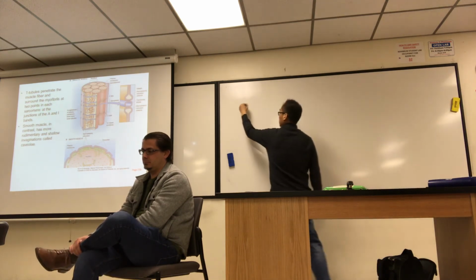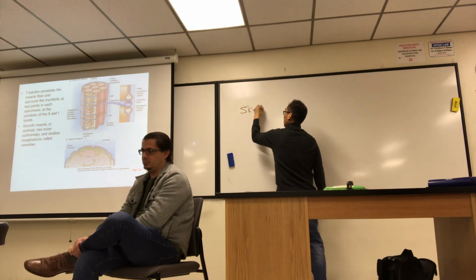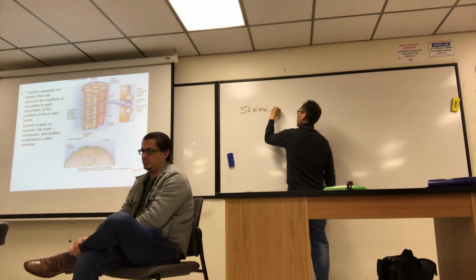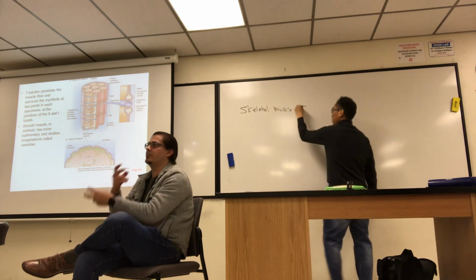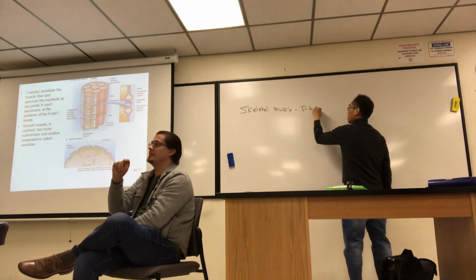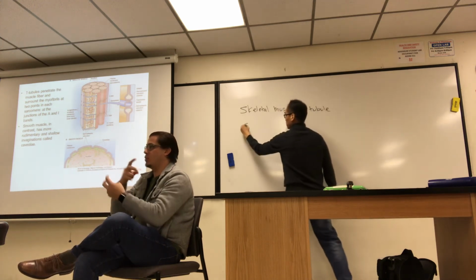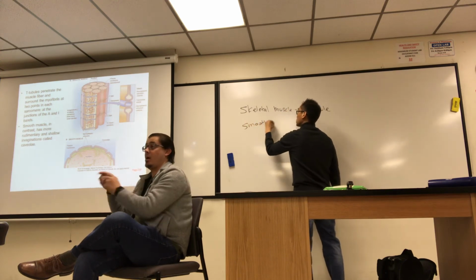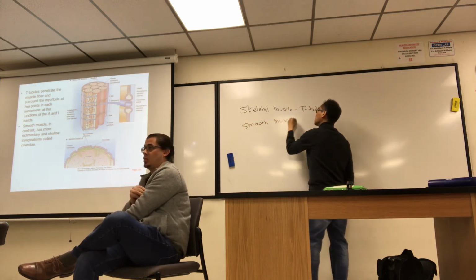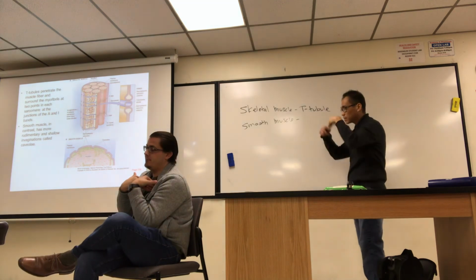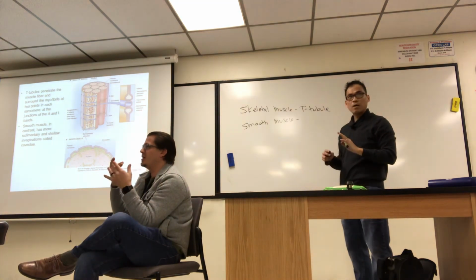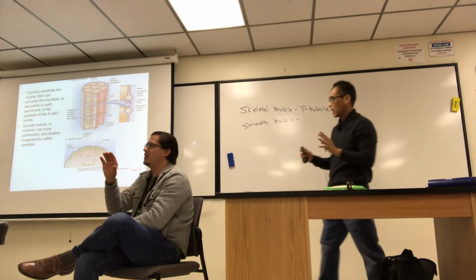So, skeletal muscle. They have the T-tubule system. Smooth muscle. They have the slight indentations called the caveolae.